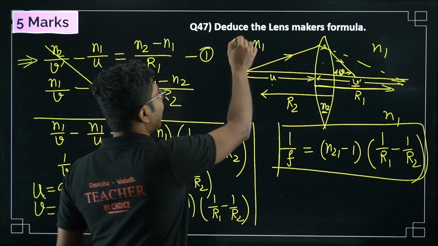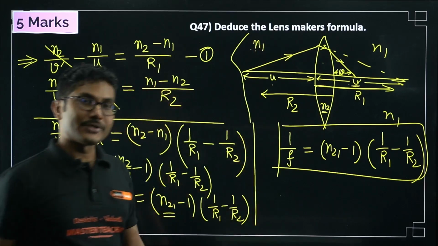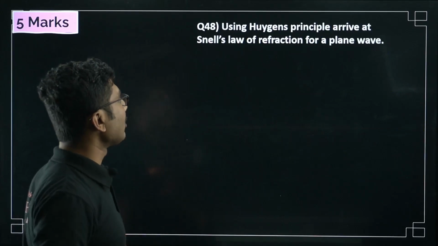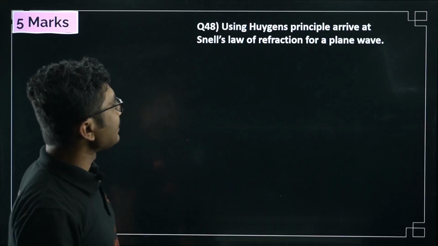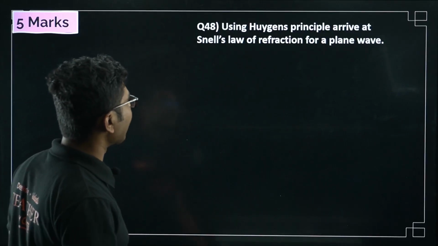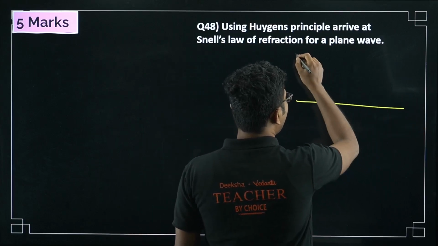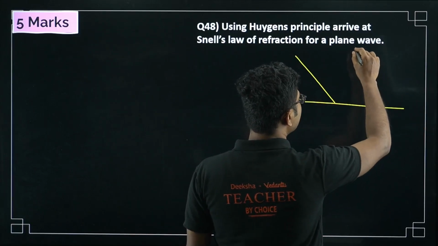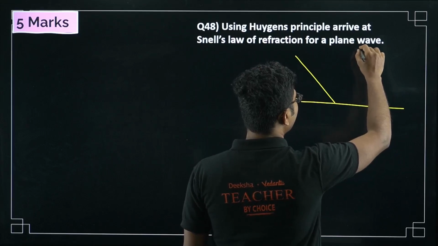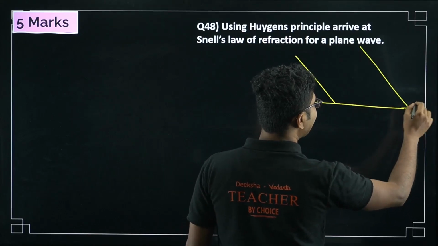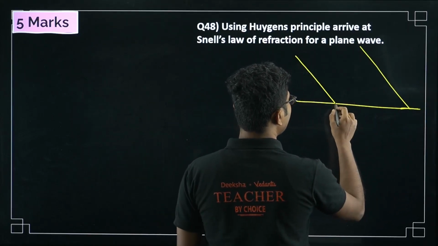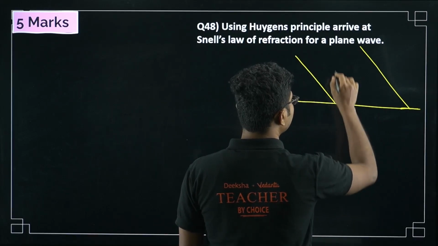So I hope that if you solve all the 10 derivations, 3 derivations definitely you will get common. Using Huygens principle, arrive at the Snell's law of refraction for a plane wave. Okay, that is my target. I am not saying that all the 5 derivations you will get common, but definitely if you study at least these 10 derivations, you will get 3 of the derivations definitely common.